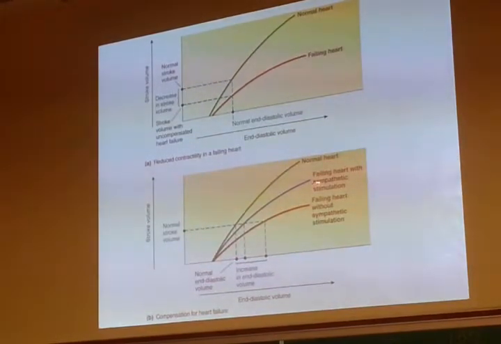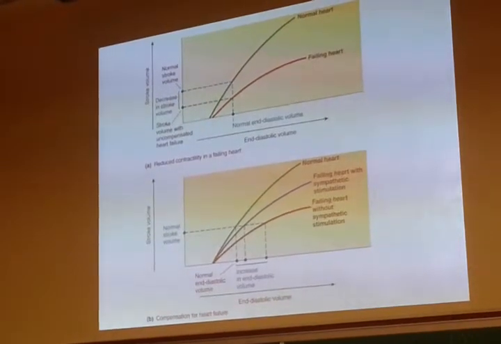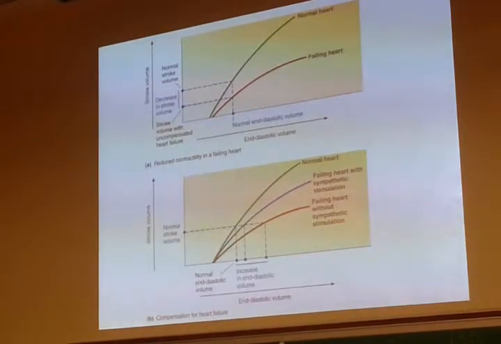If you get the sympathetic nervous system shifting blood from other areas to your heart, your end diastolic volume goes up, then you can get back to a normal stroke volume. So the sympathetic nervous system does do that. Getting the blood back to the heart also is going to still depend on the respiratory and skeletal muscle pump.